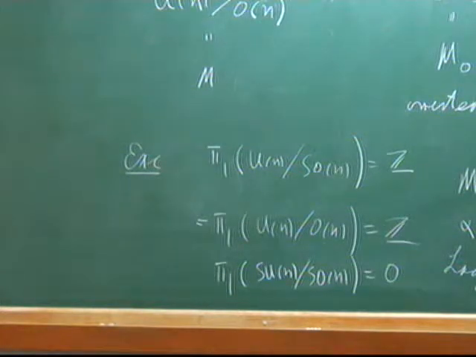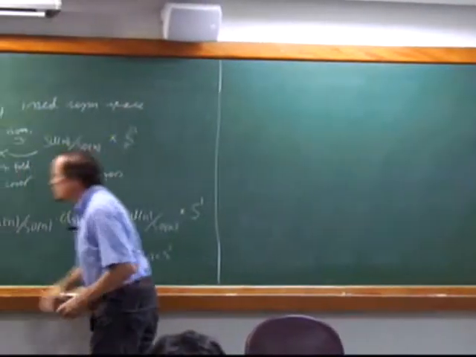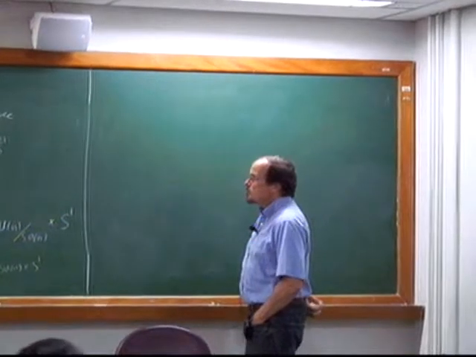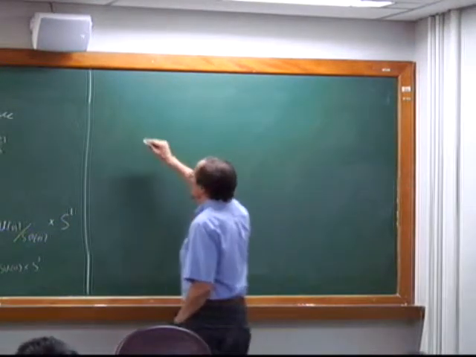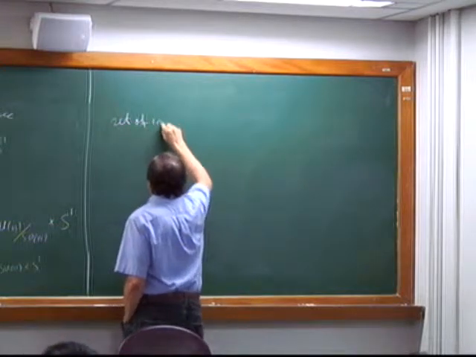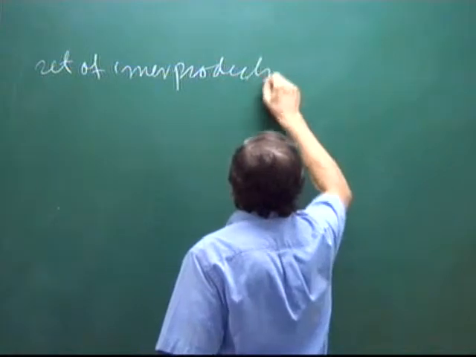One more example before I go on to general theory again. I'm not going to cover all of the ones in the notes, but I think the following one is very useful, namely the set of inner products on a vector space.